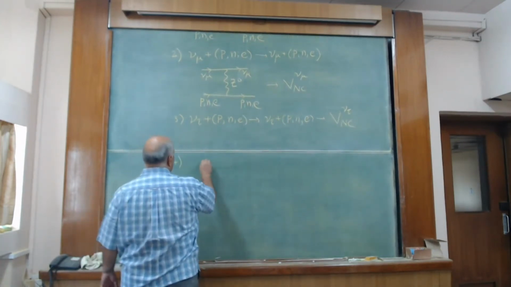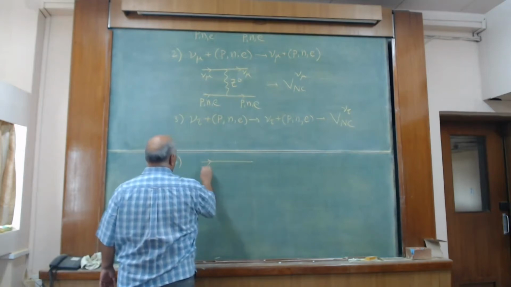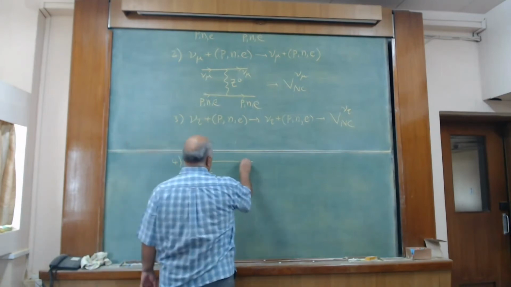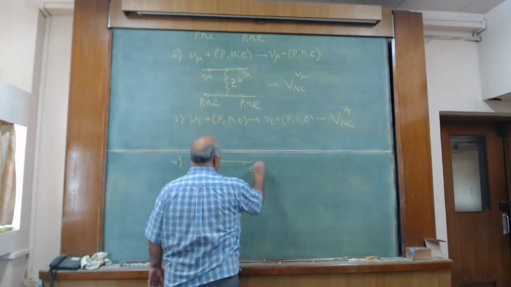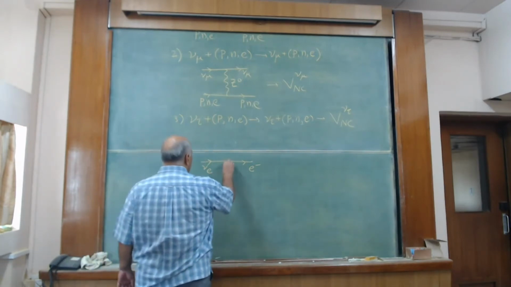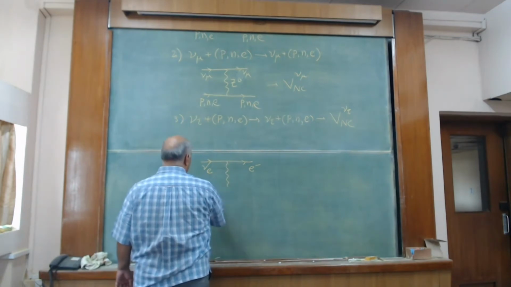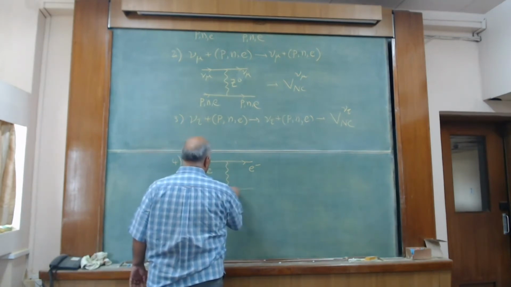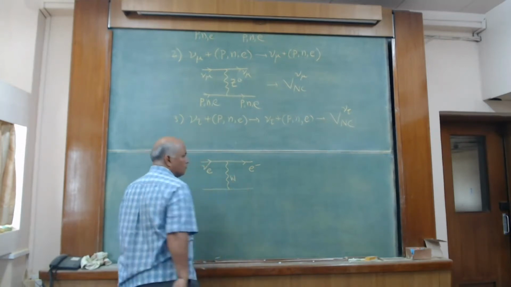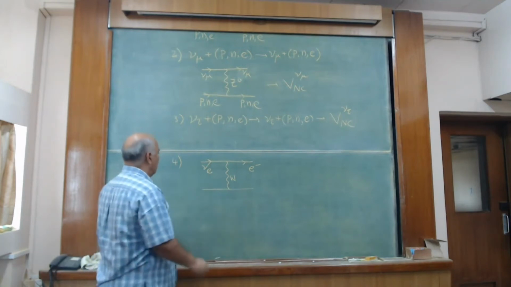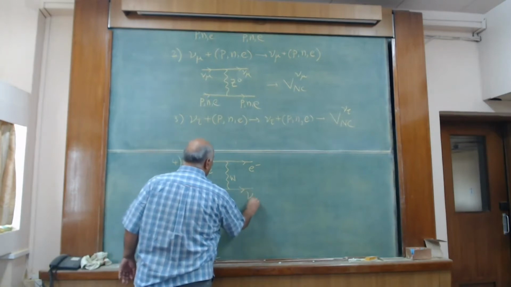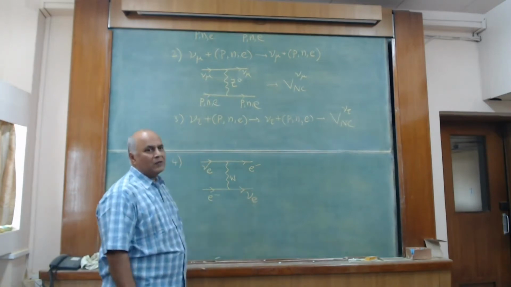That is, I can have a nu e going in and an electron come out, and there will be an exchange of a W, and I can have an electron going in and that becomes a nu e.